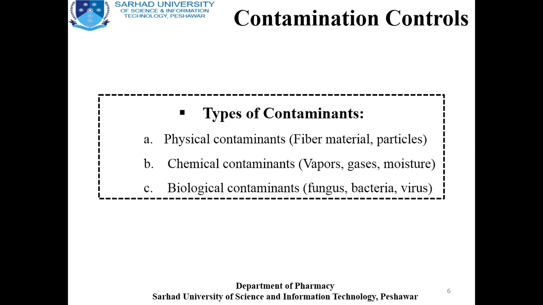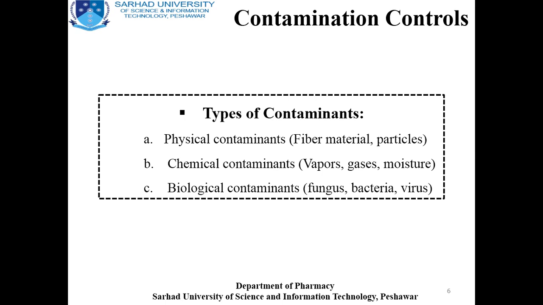For chemical contaminants, examples include vapors, gases, or moisture during the different processes in the pharmaceutical industry, or different chemicals which vaporize, and these vapors get inside the formulation, which are not needed and not part of the formulation, and cause contamination of the product.